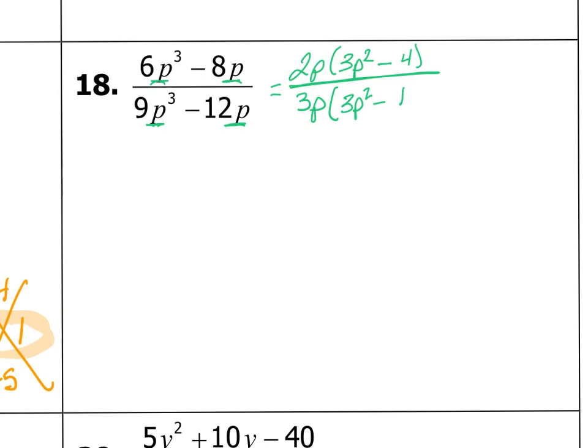That should probably be -4. And then look, I have a 3p squared minus 4 on top and a 3p squared minus 4 on bottom. That makes a 1. I also have another 1 here because I have a p and a p. So my answer is 2 over 3. Just by factoring, I've got that all.